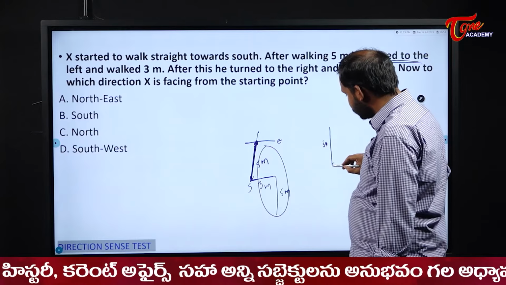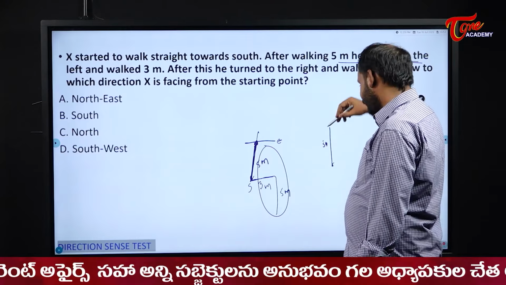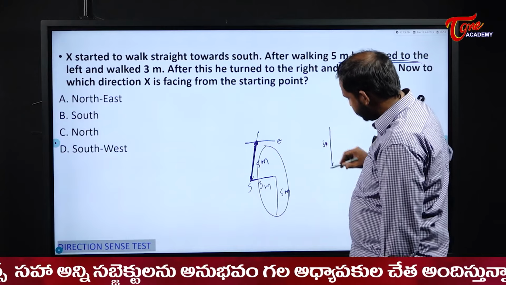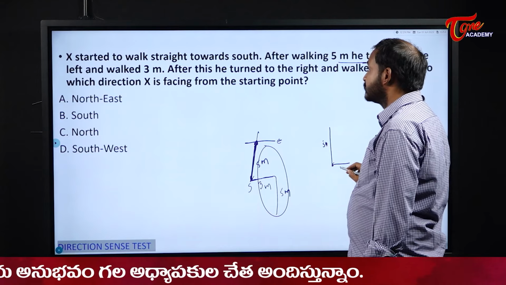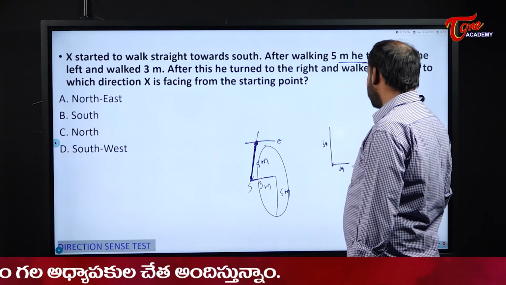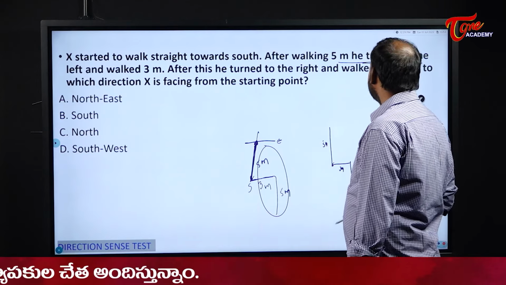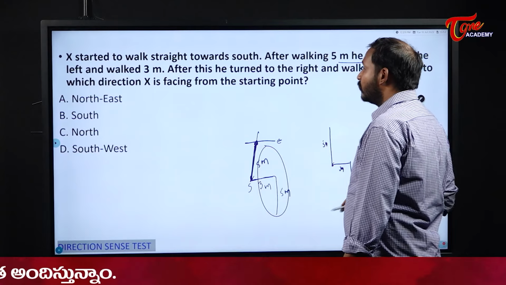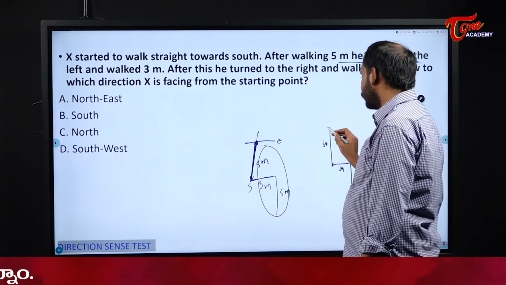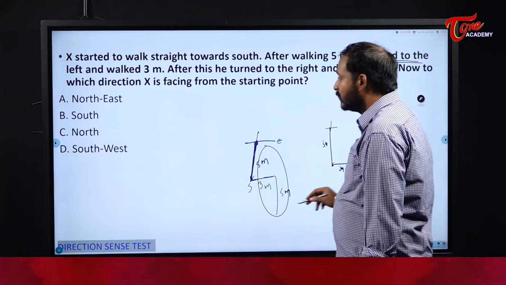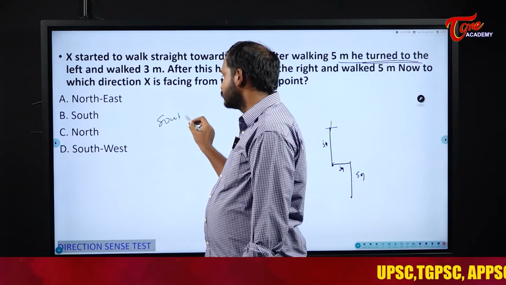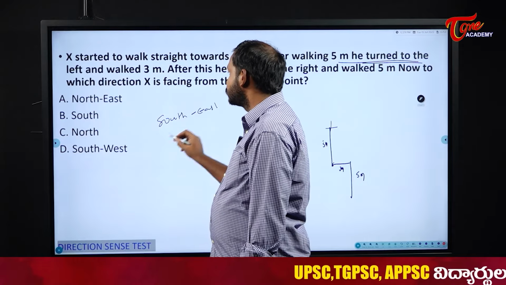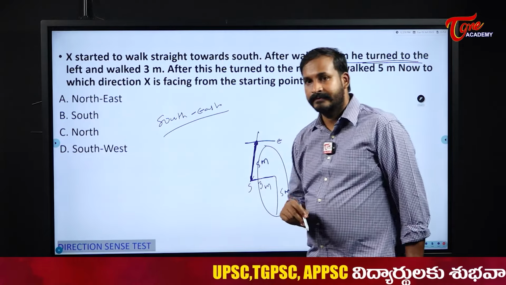Left means this direction. And he walked 3 meters. After this, he turned to the right, downward once again, and walked 5 meters. The option is not there, but the answer for us here is southeast. X is facing towards southeast.